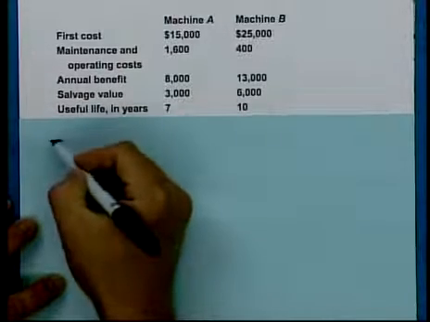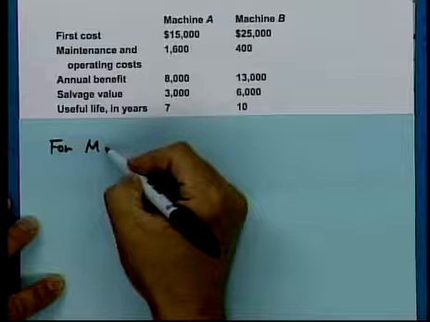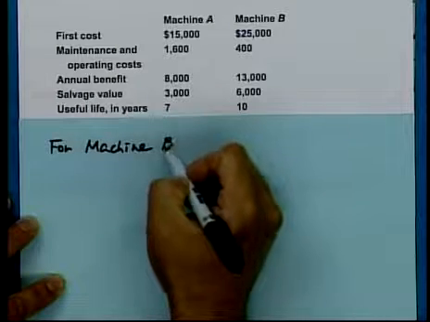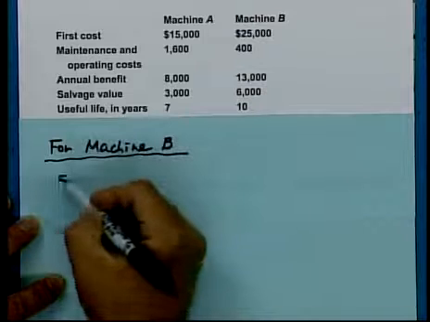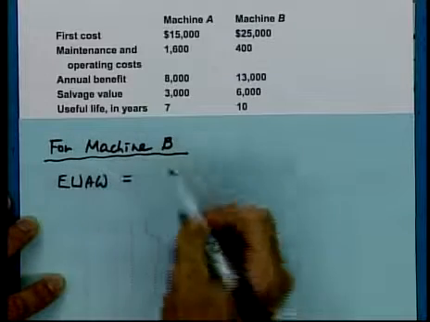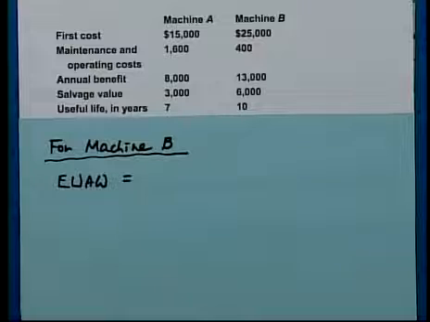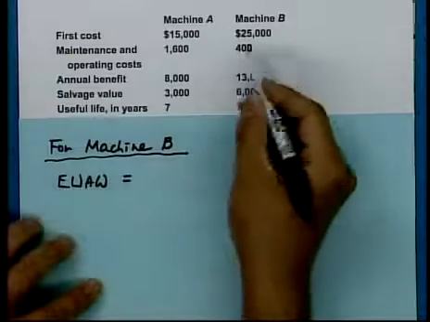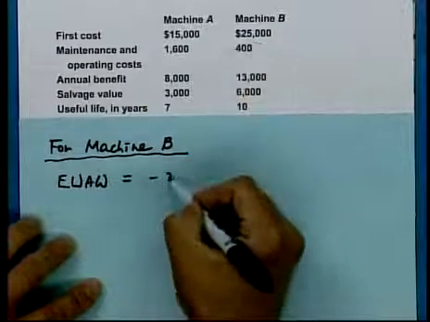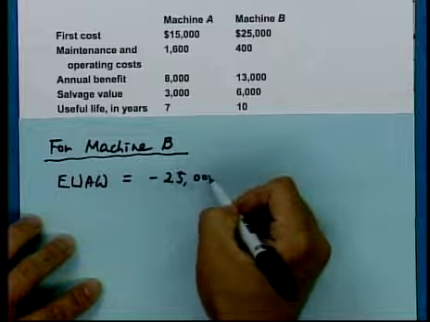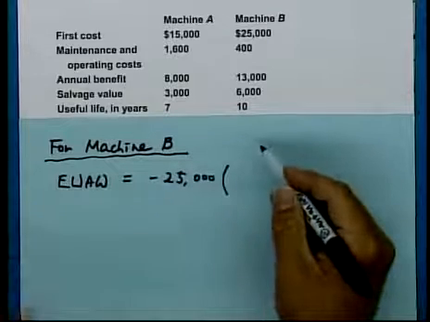Then how about for machine B? Equivalent uniform annual worth. Okay, so let's consider the first cost, which is negative 25,000. You need to convert it to equivalent uniform annual cost.